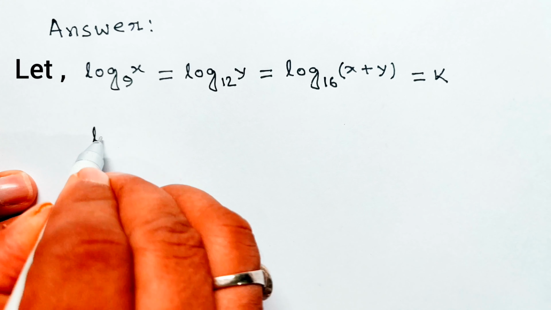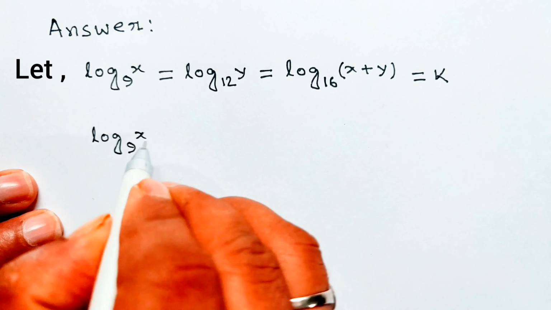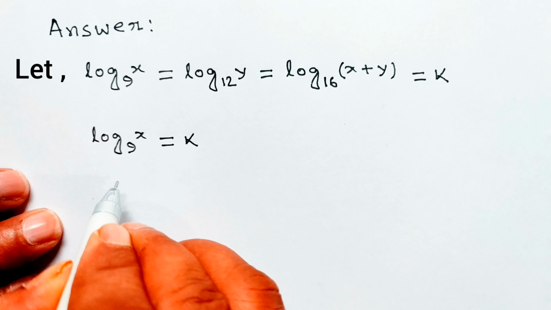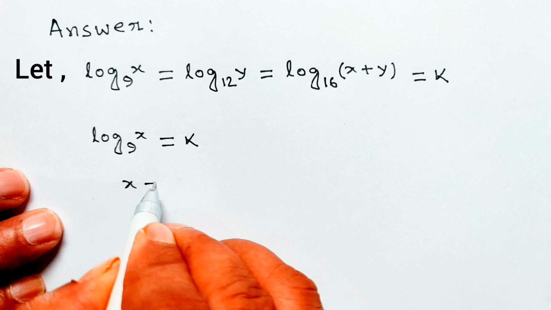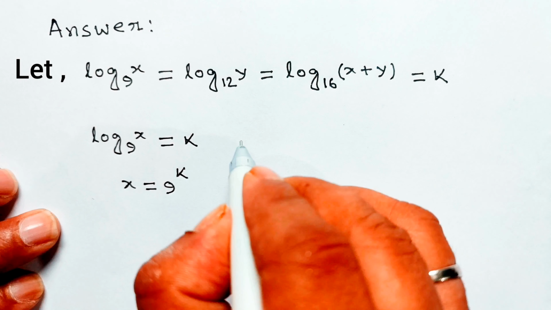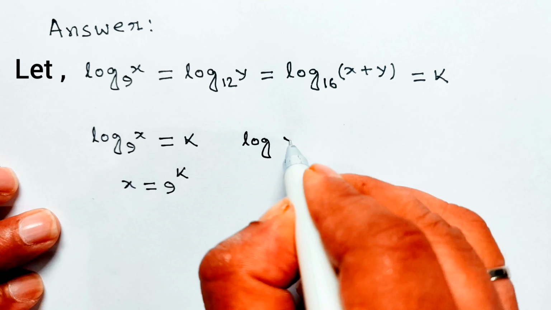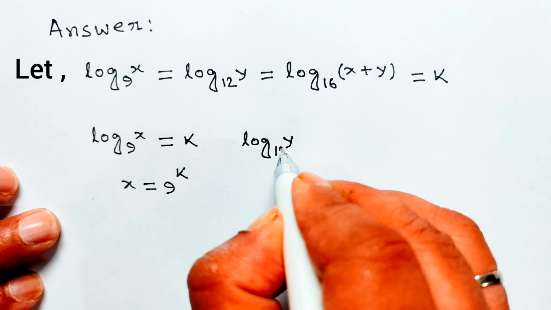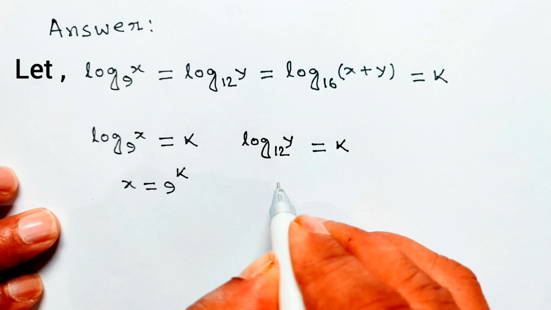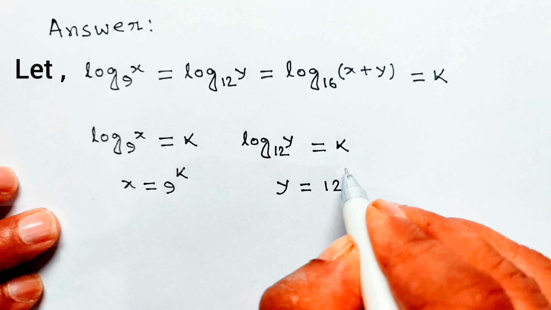Then log x base 9 equal k, then x equal 9 to the power k. Log y base 12 equal k, then y equal 12 to the power k.